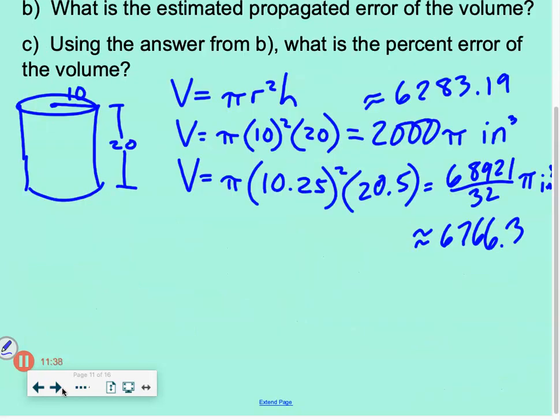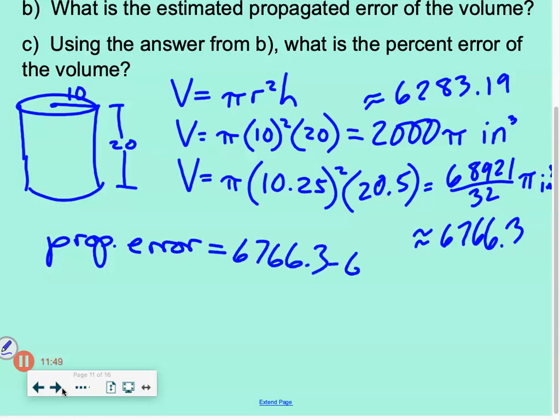Okay, so my propagated error, always such a hard time saying that word, is 6766.3 minus 6283.19, so around.